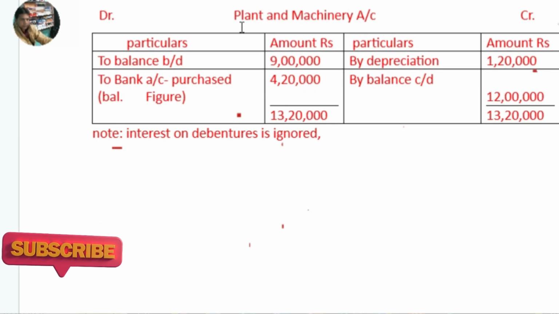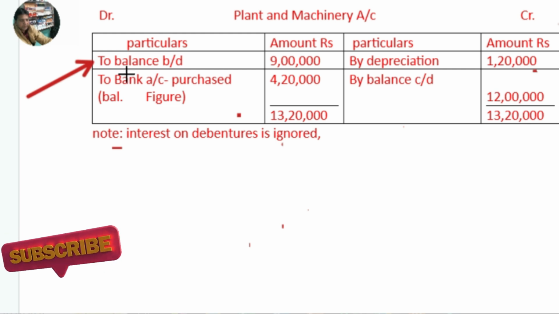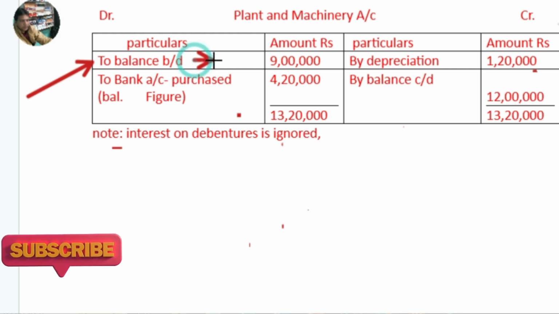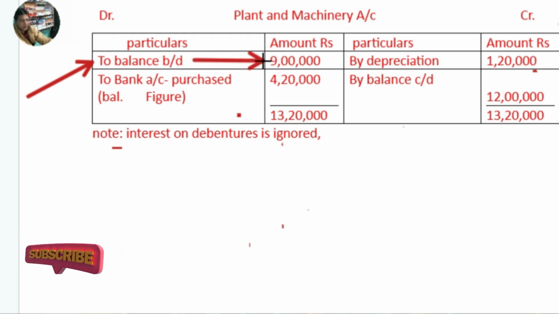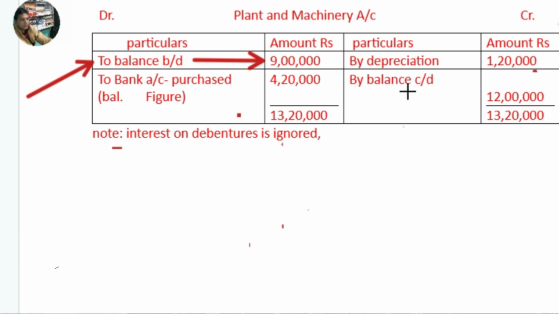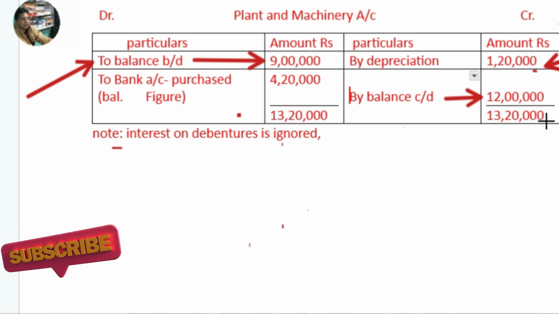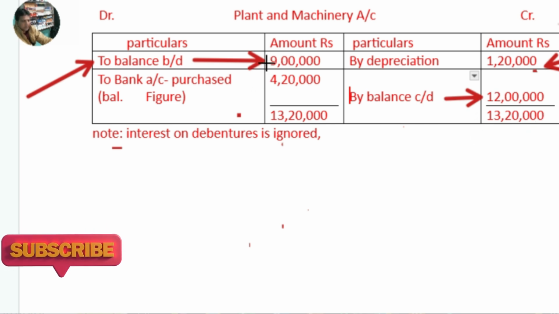Now working note, plant and machinery. On debit side, 2017 figure, that is opening balance given in the question, 9 lakh, and closing balance on credit side, this one. And depreciation charge during the year given in the question 1,20,000. 30,20,000 minus 9 lakh opening balance.